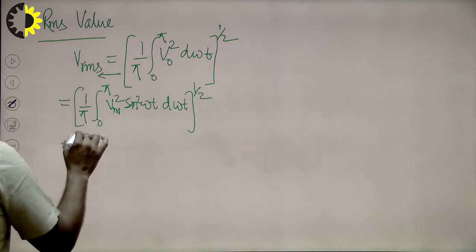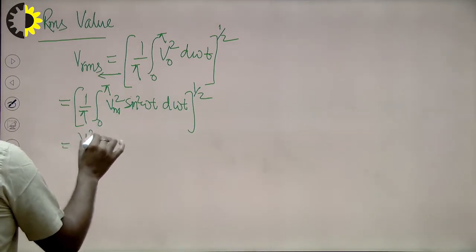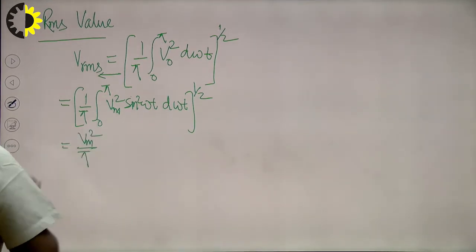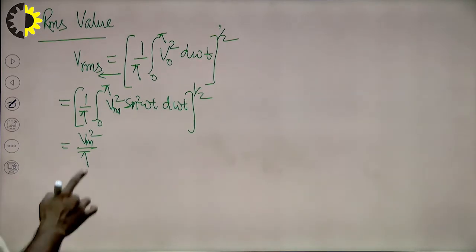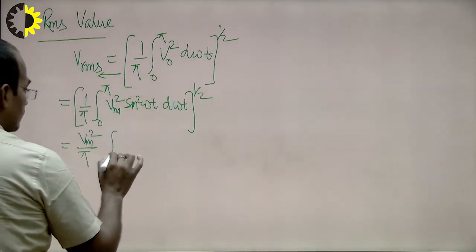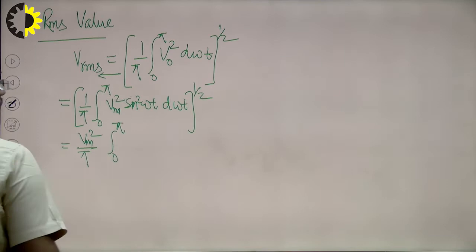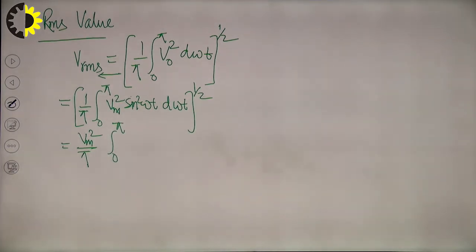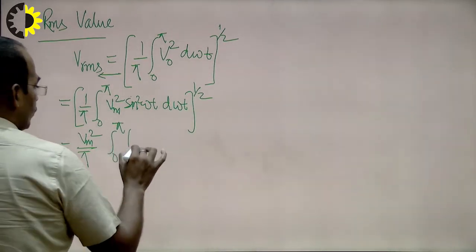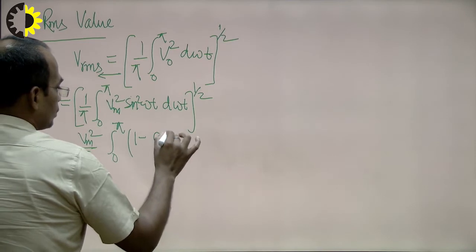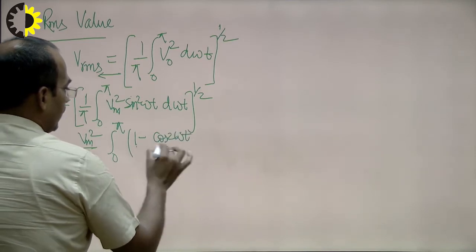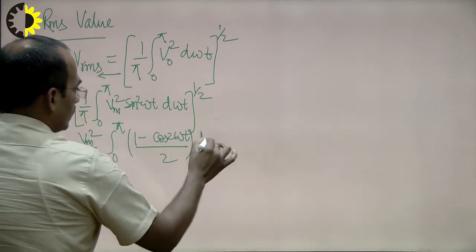So it will become Vm square upon pi. I have to integrate this sin square omega t. For integrating this I can write it like (1 minus cos 2 omega t) by 2 d omega t.